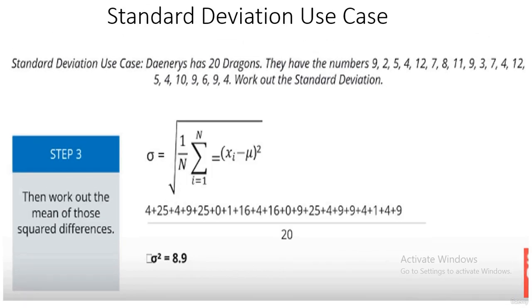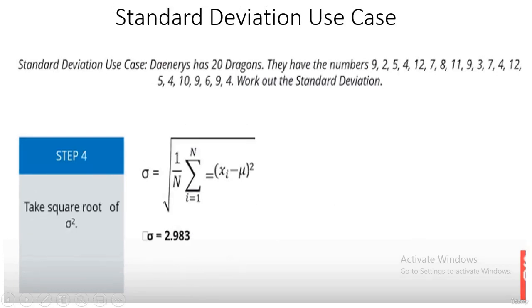Okay, in step 3, for the squared numbers, we are now working out the mean of those squared differences. That means for the first we got 4 plus 25 plus 4 plus 9 and so on, divided by 20. So our sigma square, if we calculate, is 8.9.